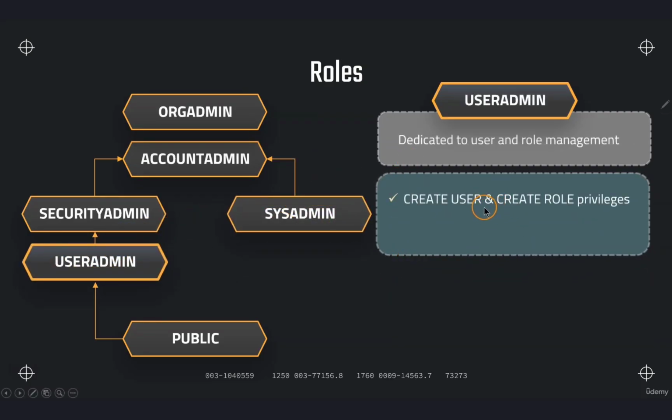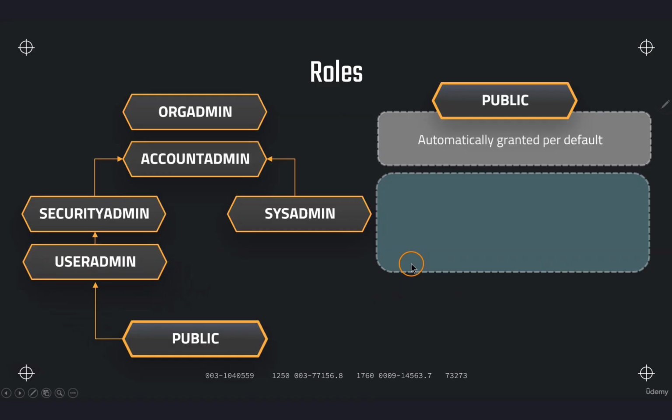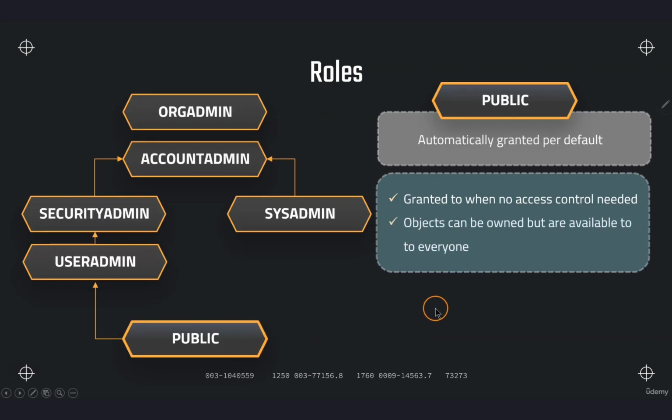We have also the user admin, basically creating the users and the roles. So create users and create roles. So this is the management of the users. And finally, as we have said, we have also the public role. So this is the role when we need no access. This is just the default role. So every user that is created will have this role assigned.